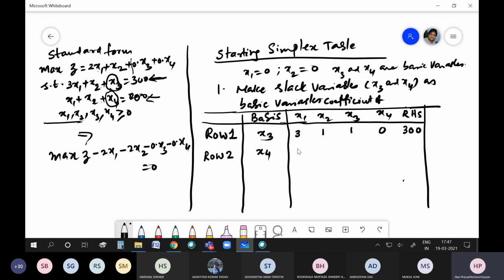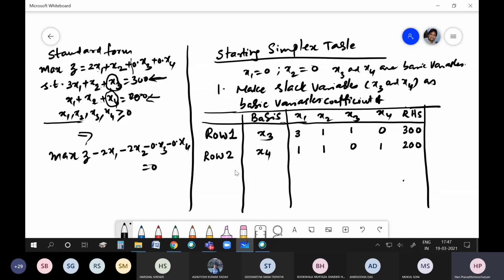The coefficient of x1 is 1, x2 is 1, the coefficient of x3 is 0, the coefficient of x4 is 1, and the right hand side is similar.